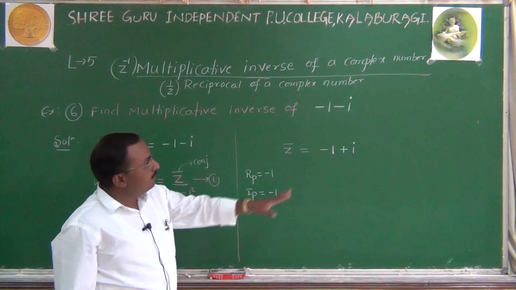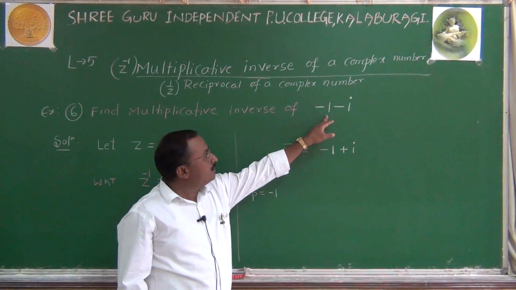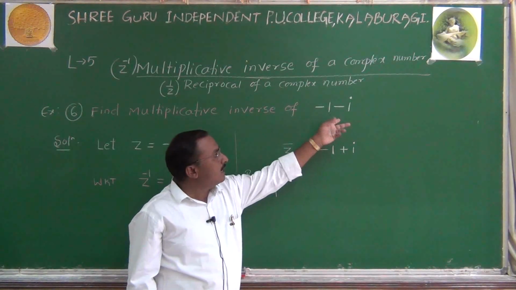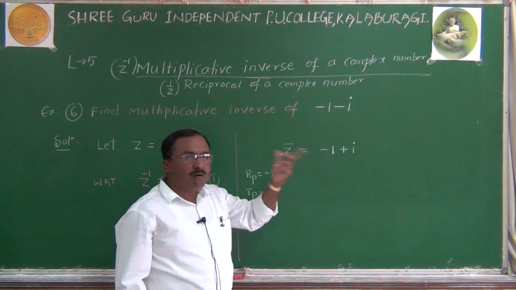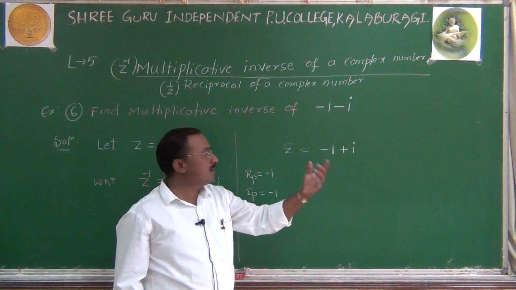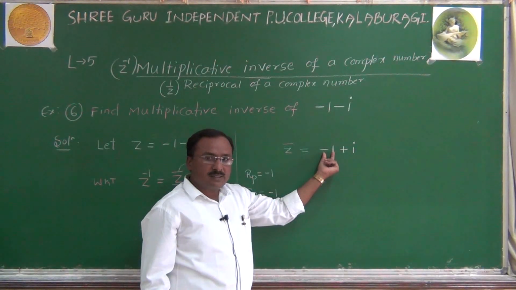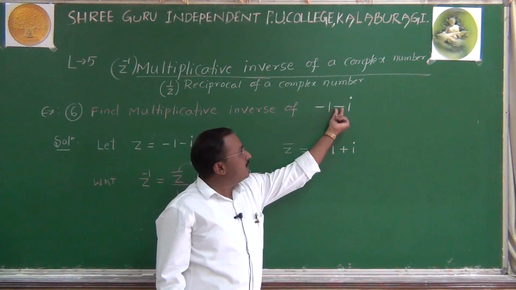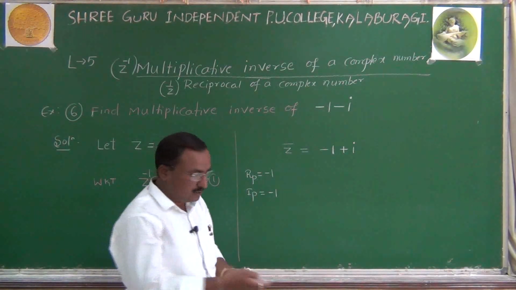Listen carefully. Here, minus 1 minus i, write its bar. Bar is another name for conjugate: real part as it is, change the sign of the imaginary part. That is the definition of conjugate.